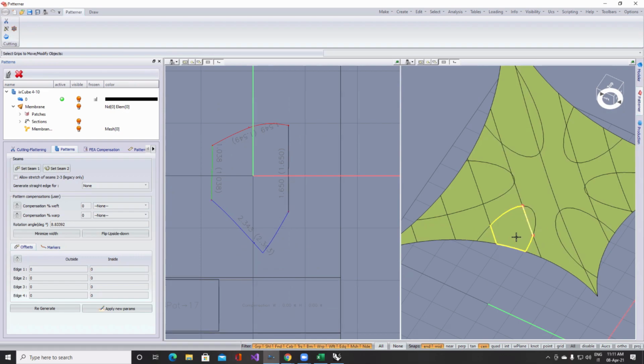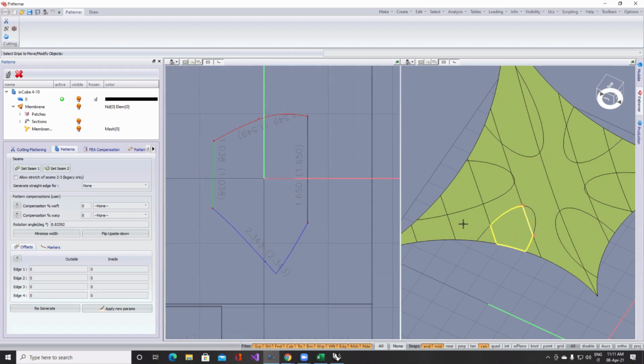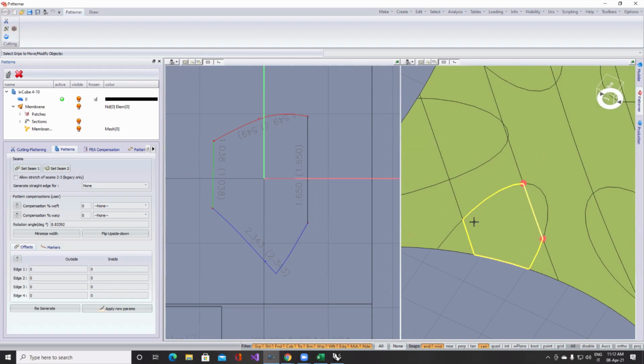Clearly, this membrane here does not have four corner points, it has 1, 2, 3, 4, 5 edge points. So if we want to change the main developing curves, we see it here. Selecting the patch, we see these corner points, these red dots.